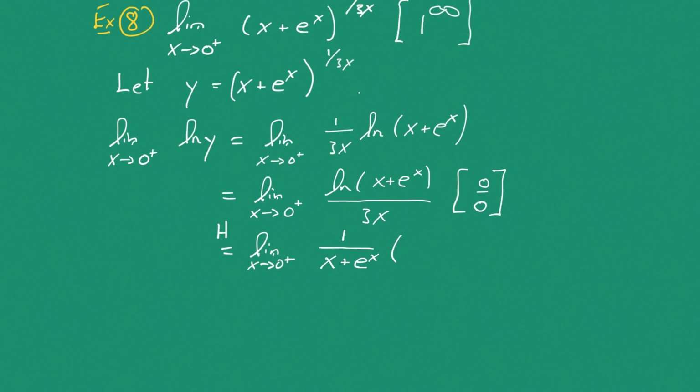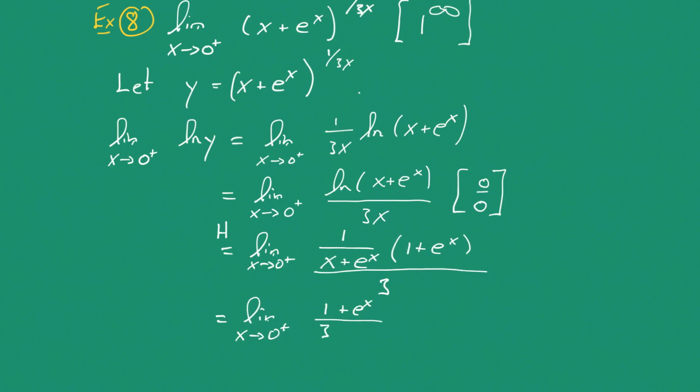The derivative of the inner function is now 1 plus e to the x, so we get that in the numerator. And differentiating that denominator, 3x, we just get 3. As always, after differentiating, we'll just do some simplifying before considering this limit again. So this looks like 1 plus e to the x all over 3 times x plus e to the x.